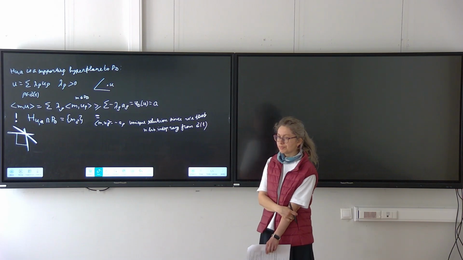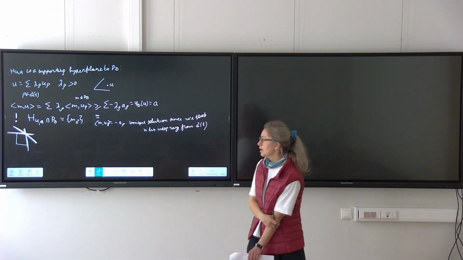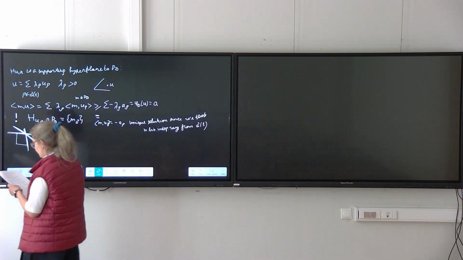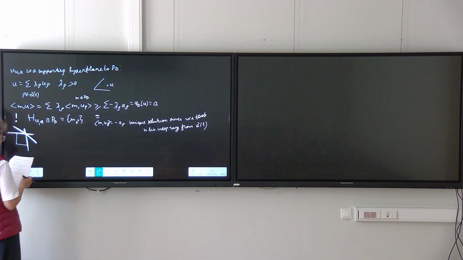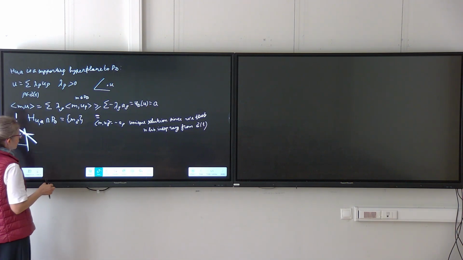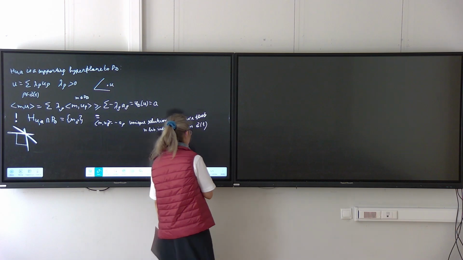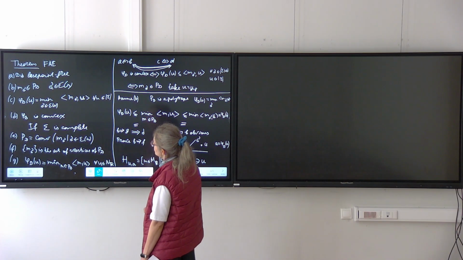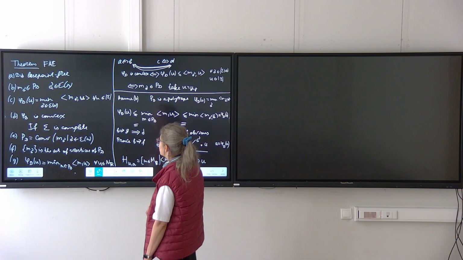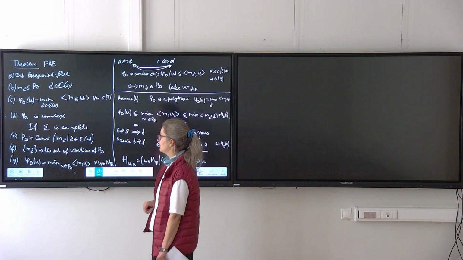So we showed this. And once more, what did we try to show? We know that B is true. We want to show that M_sigma is the set of vertices of P_D.